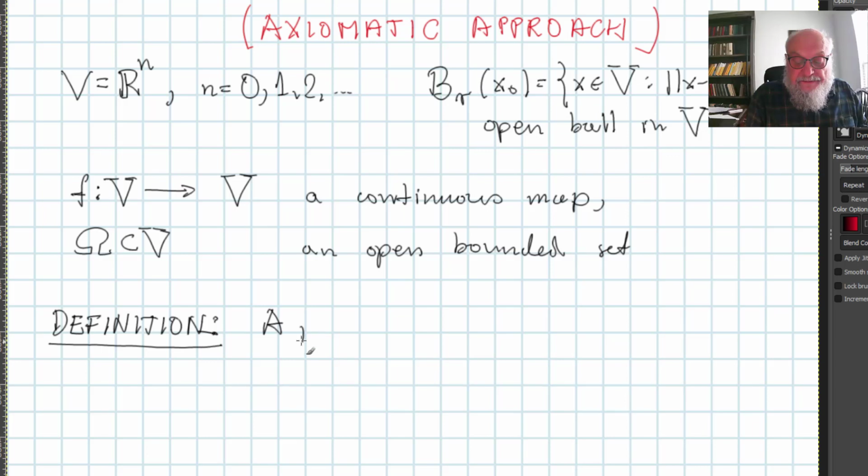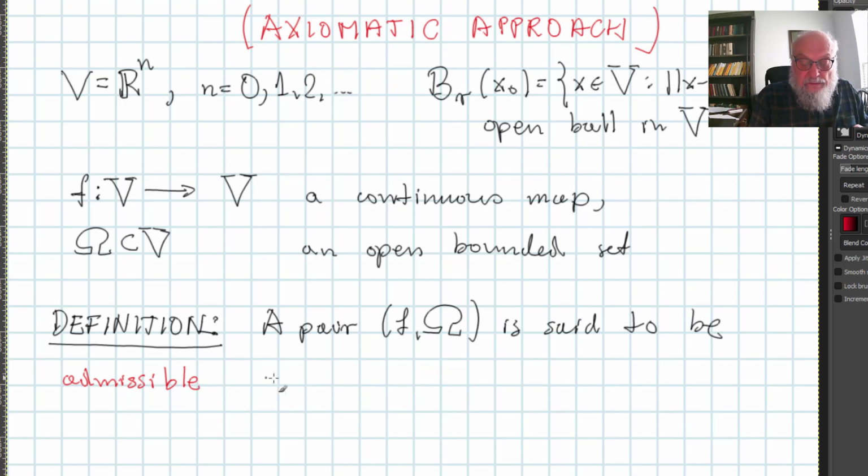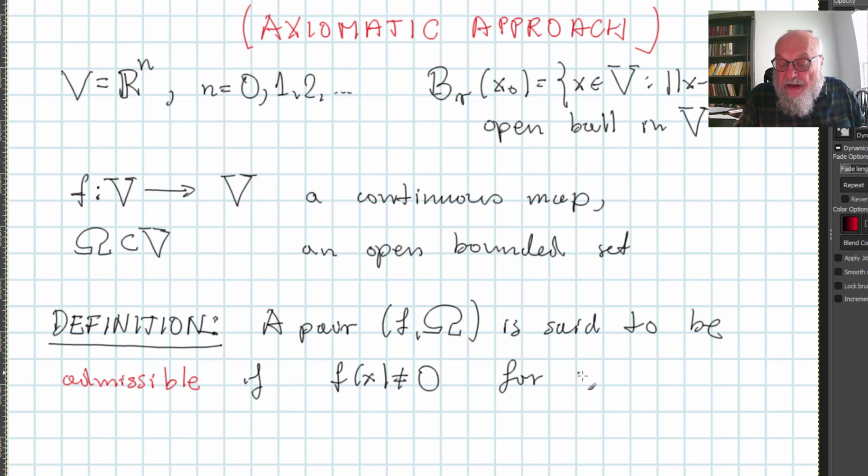Such a pair (f, omega) described above is said to be admissible if f of x is not equal to 0 for x's belonging to the boundary of omega.